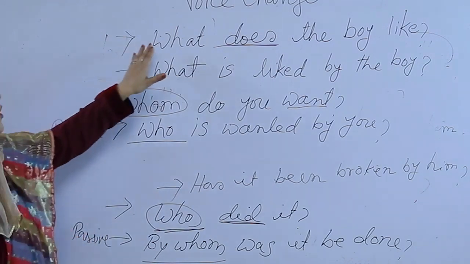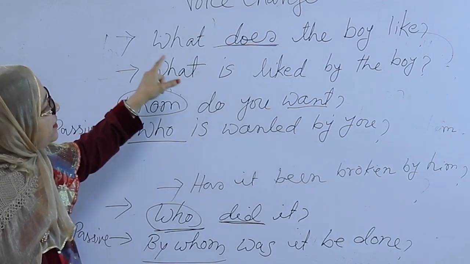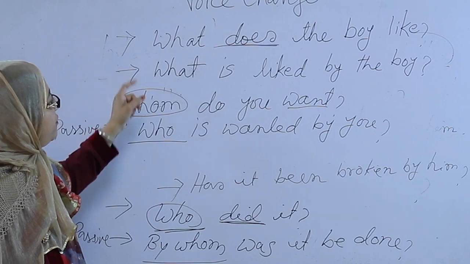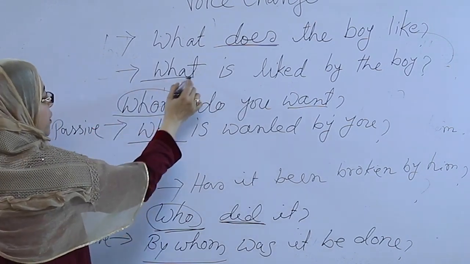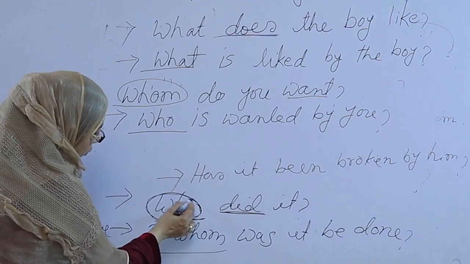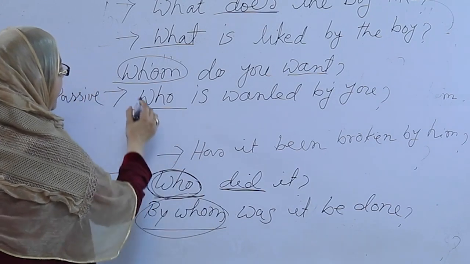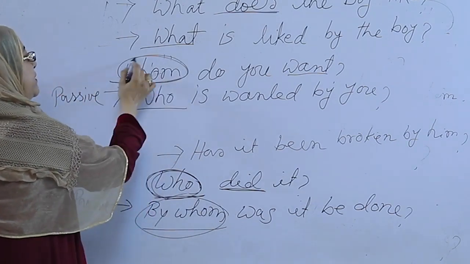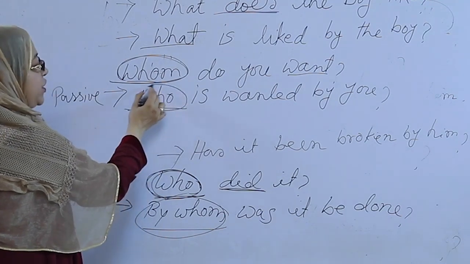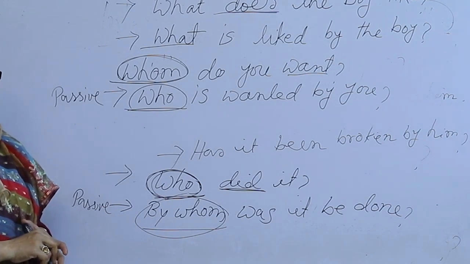But what, when we turn what does the boy like into passive, we don't change what. I only change whom and who. Who becomes by whom, and whom becomes who. So, is it clear to you?